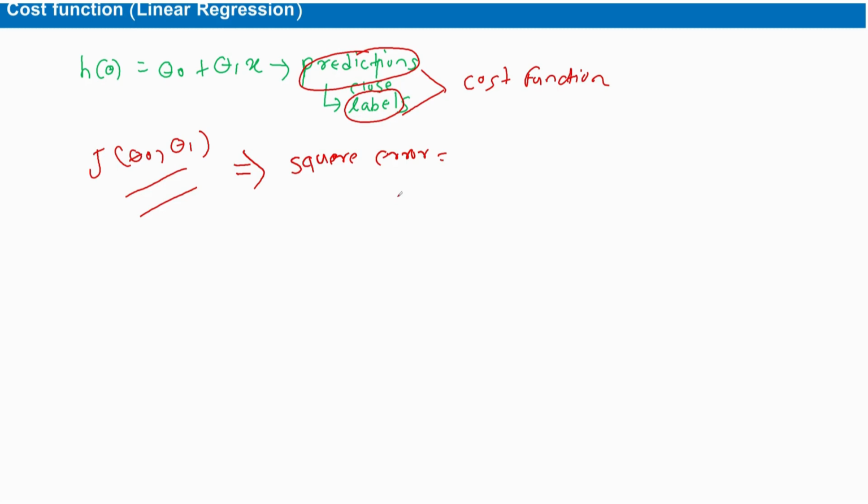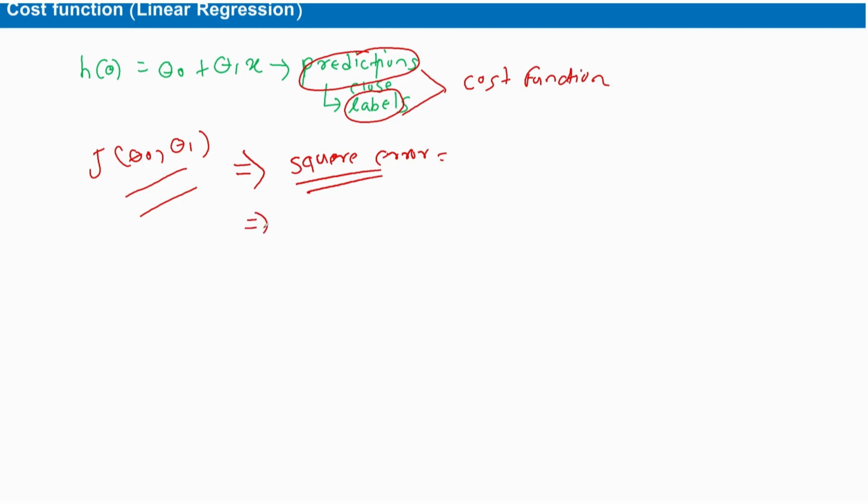You can see in most linear regression problems the squared error is used. Let's understand what the squared error is. To understand this cost function, I will give some notation. Suppose you have the training data.